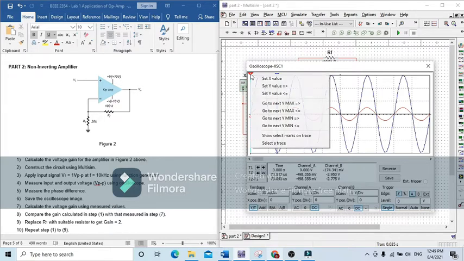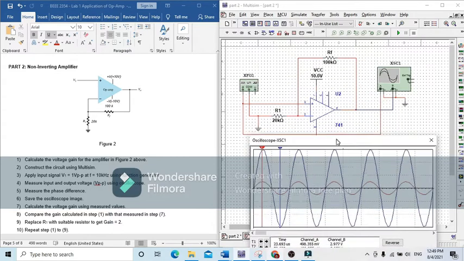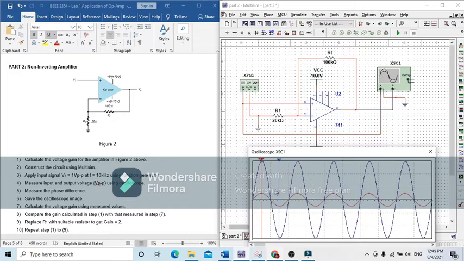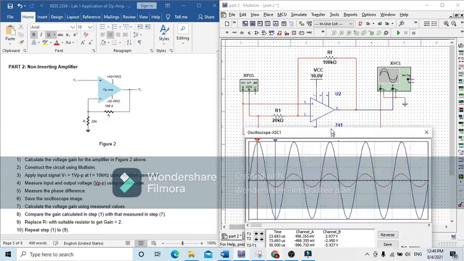Why is the amplitude of the output voltage bigger than the input voltage? Because the function of the op-amp is to amplify the input signal, so it becomes bigger than the input signal.